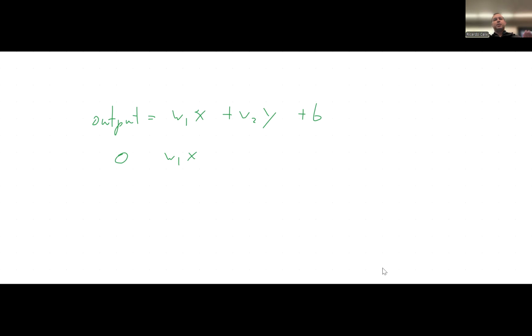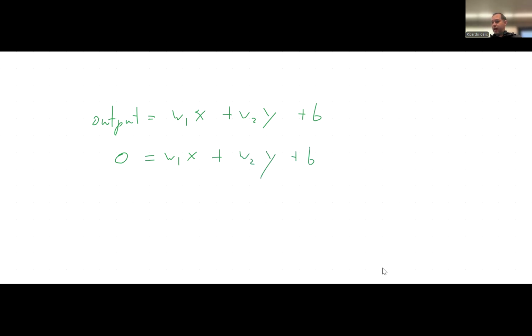And that illustrates the idea of how the perceptron works, to assign one class or the other. But to keep it simple, let's write this as equal to 0. So then I have W1X plus W2Y plus B, the same idea of the values, and we have these parameters that we are learning.